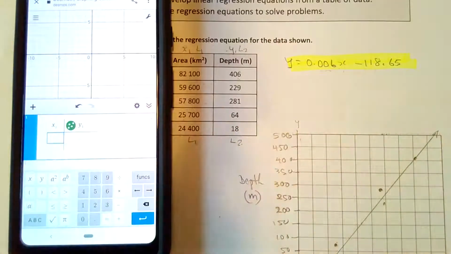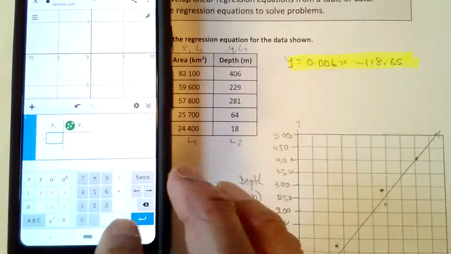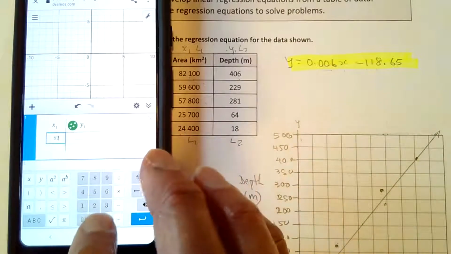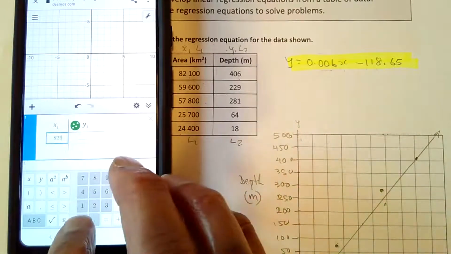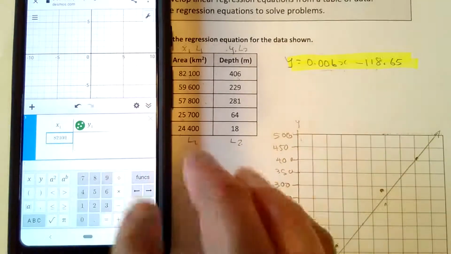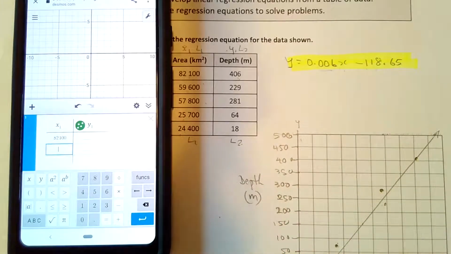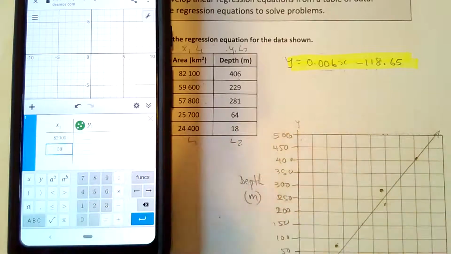It'll be a little bit tricky here. So first one is 82,100. As you can see, this is a little bit more challenging for the phone, but it does the same work. So 59,600.